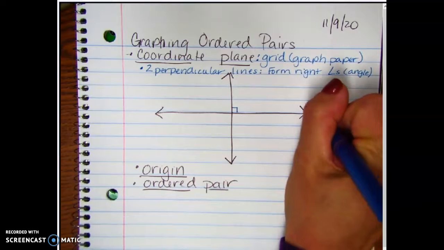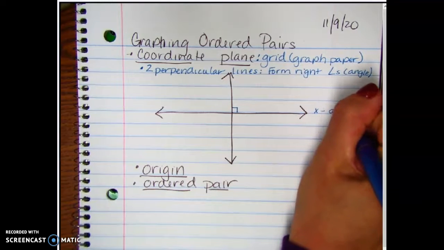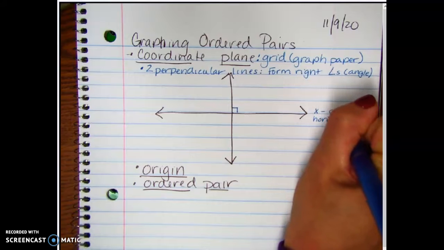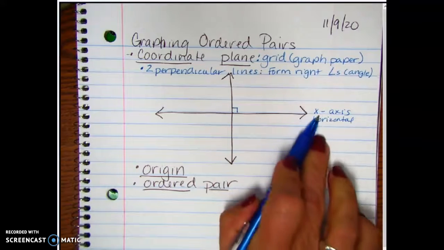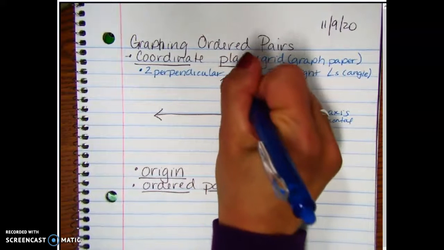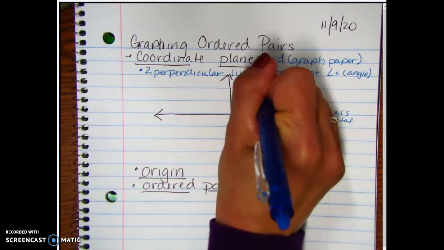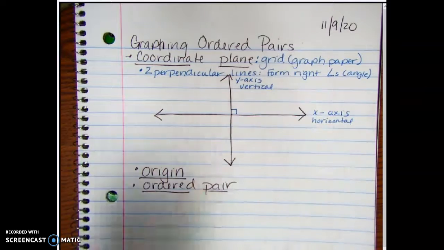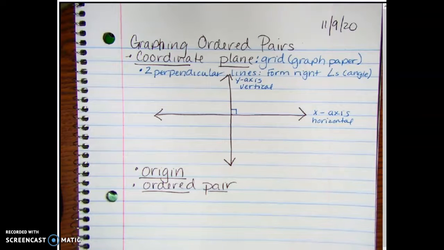We call this the x-axis. And I'm going to write down horizontal, just to make sure, because it's kind of important to know which one's x and which one's y. So we call this the y-axis, and it is the vertical line. Okay? All very important when working with a coordinate grid.